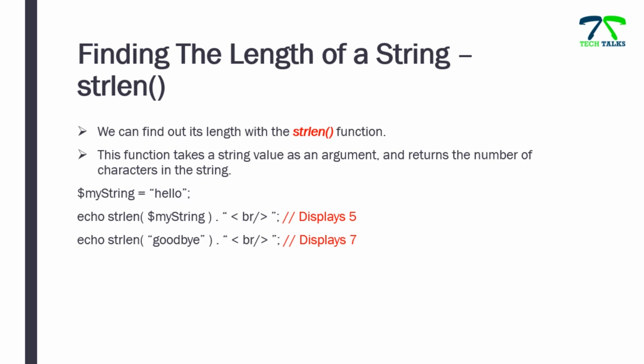If hello is stored in a variable myString, then we can display that value with strlen and it will display 5. If we use echo strlen goodbye, then the length of the given string will be displayed.